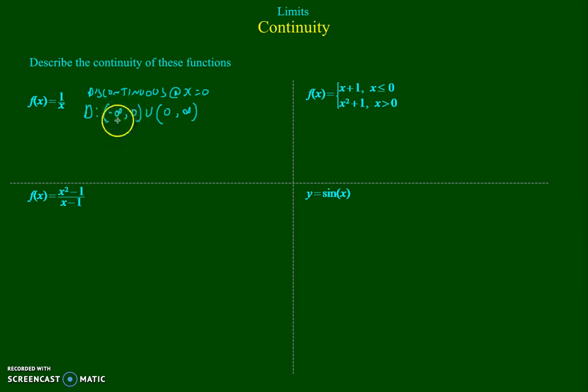We know that because it's defined, if we look at the graph of the function, it looks something like this, and we can evaluate the limit at all points in this subinterval and this subinterval as well. So we know that the limits exist in these two subintervals, and we know that the limit of f of x at any c value in this interval is going to be f of c.